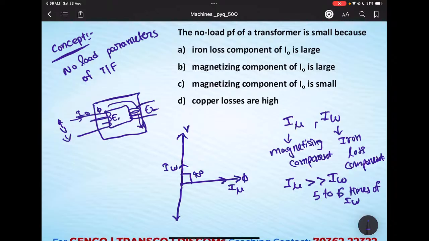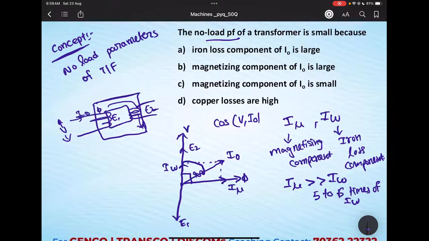This is the E1, this is E2. Now the resultant of this I mu and IW, if you take, it will be like this. That will be the I naught current. So what are they asking? Power factor. What is the power factor? The cos of angle between V and I naught.